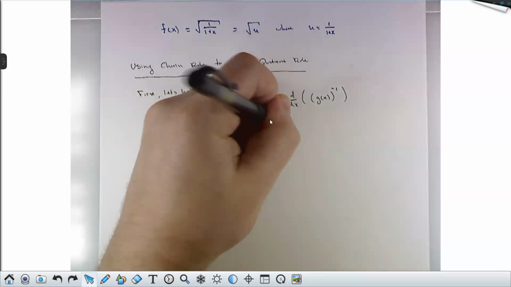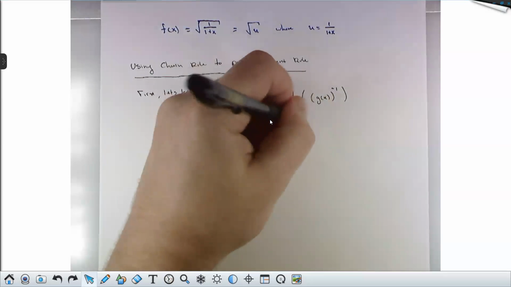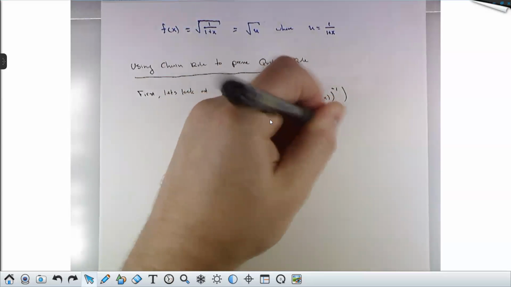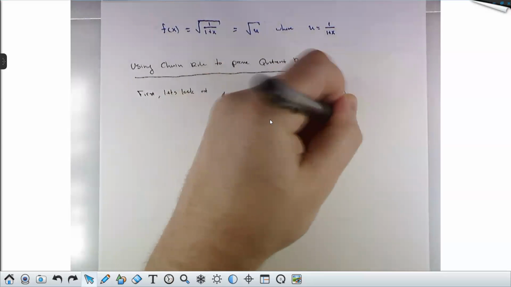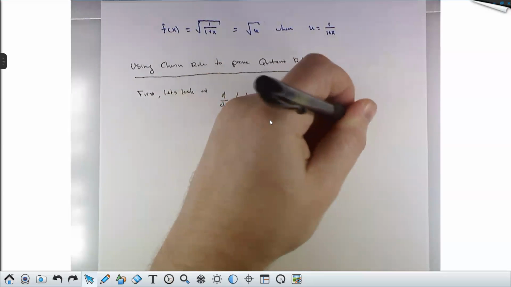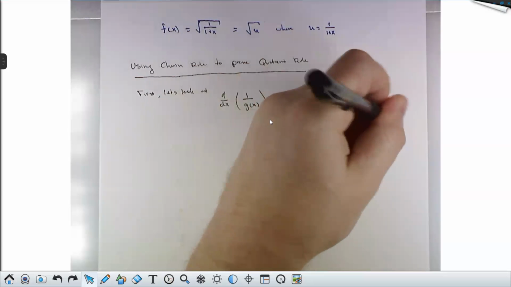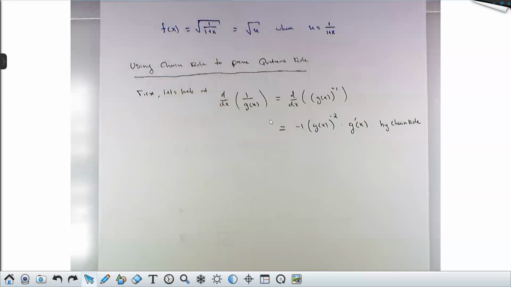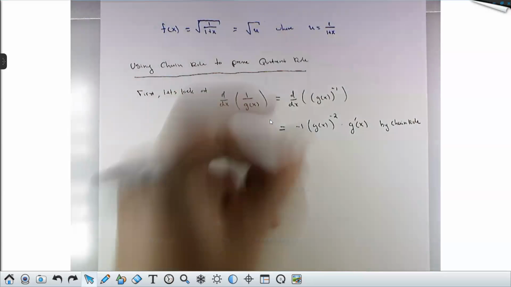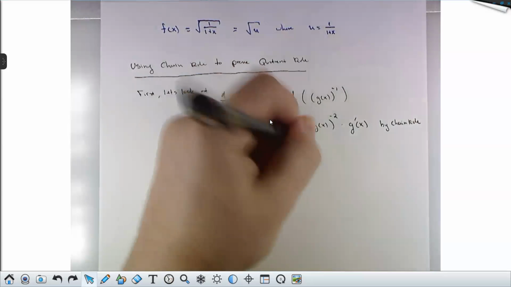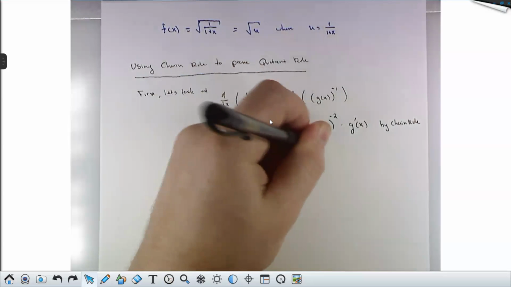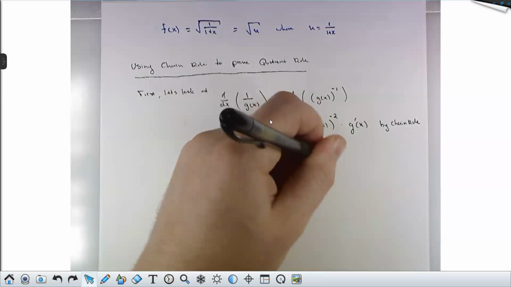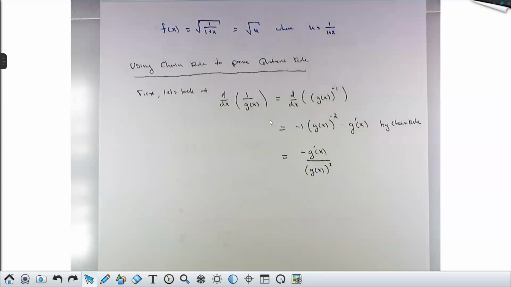So this is something I could do with the chain rule. This would be -1 times g of x to the -2 times g prime of x by the chain rule. And if you clean this up, this is negative g prime of x over g of x squared. This is what you would get from the quotient rule.